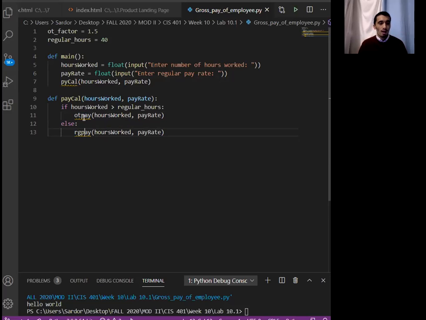It calls on OT pay, overtime pay. If it is less than regular hours, then it calls on RG pay. Good. Now we'll move forward to defining those.